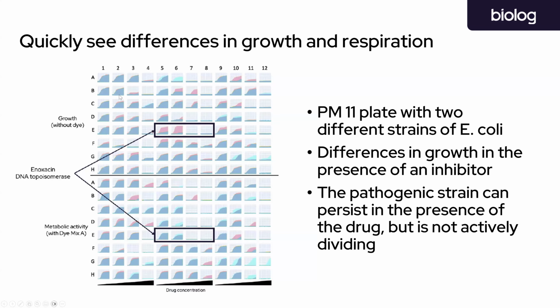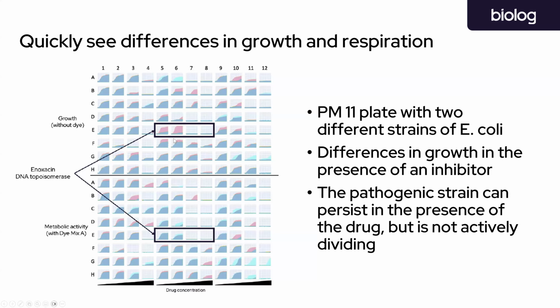One of the compounds on this plate that I've put a box around is enoxacin, which is a DNA topoisomerase inhibitor. This used to be used as an antibiotic, and it prevents the bacteria from replicating their DNA. On the bottom, you can see the plate grown with dye, and at the lower concentrations of inhibitor, both strains are mostly overlaid, so there's no real difference here. And at the 2 highest concentrations, neither strain can survive.